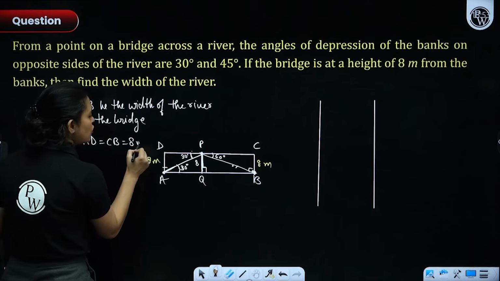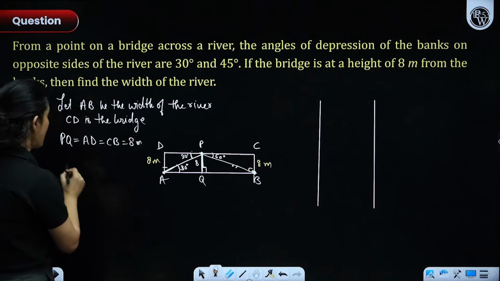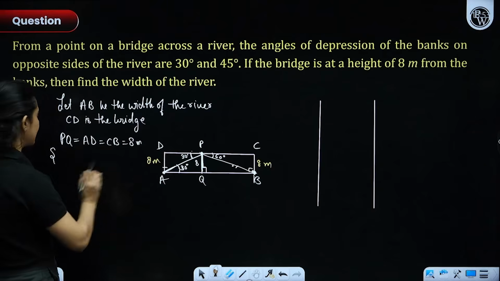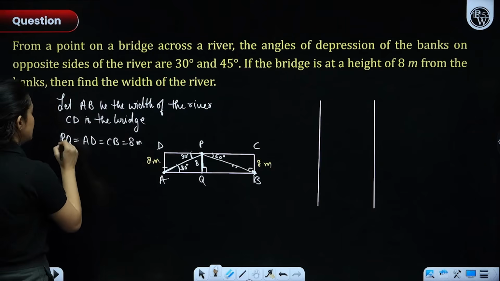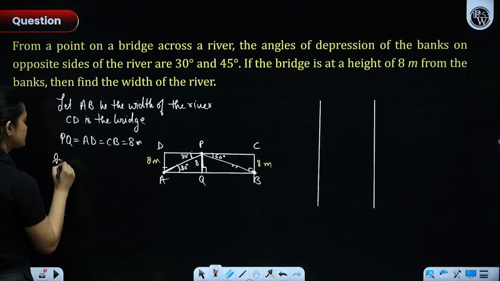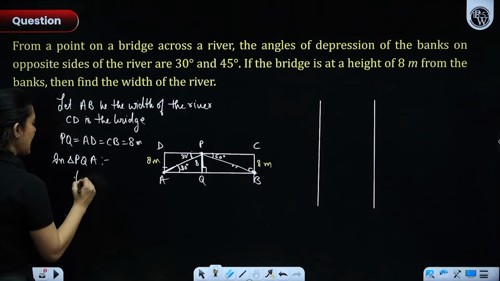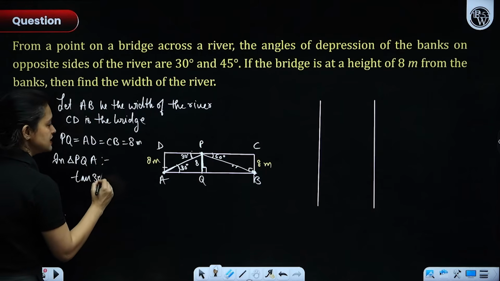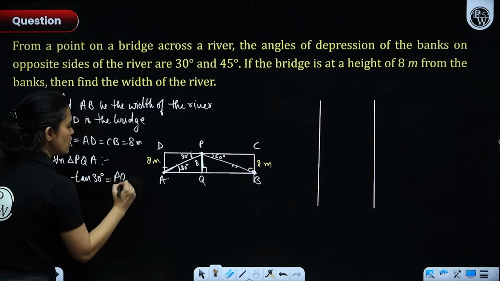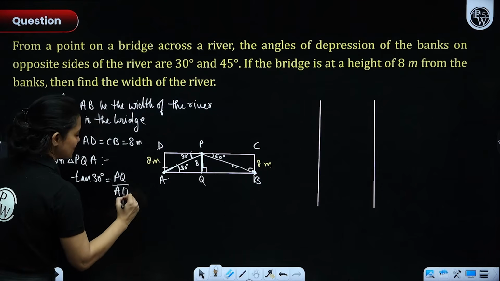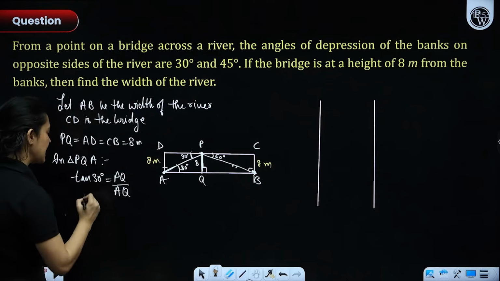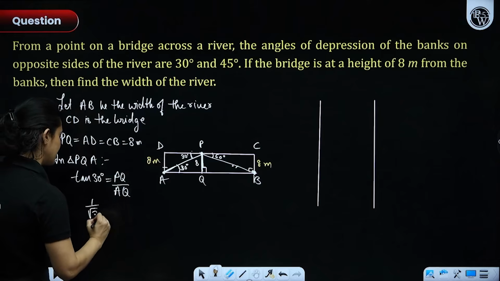I'll mention where I got PQ. I got it from here. Why? Because all of these are rectangles. You can write or you can skip it also. Now in triangle PQA, tan 30 degrees is equal to PQ over AQ. So, tan 30 degrees is 1 over root 3.